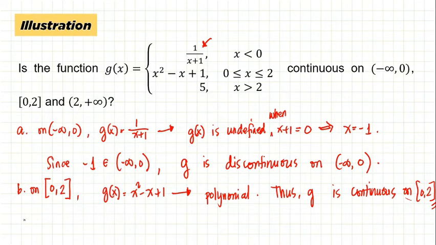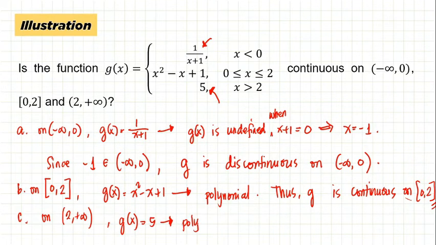And for letter C, we have on 2 to positive infinity. The function that we are going to use is the third subfunction, right? So g of x is equal to 5, which is a constant function, and it is still a polynomial function.